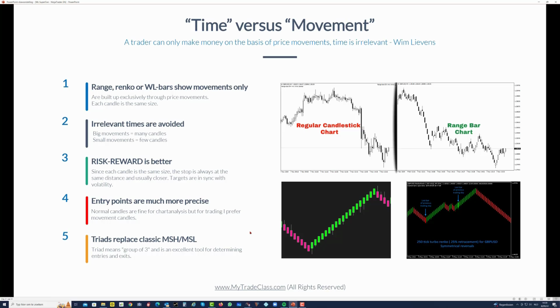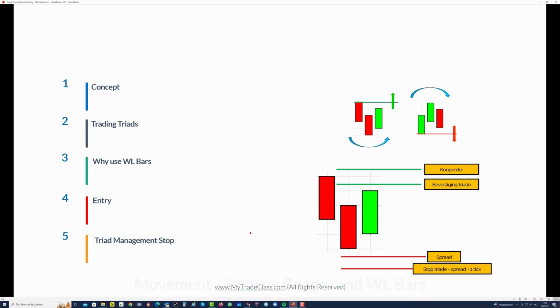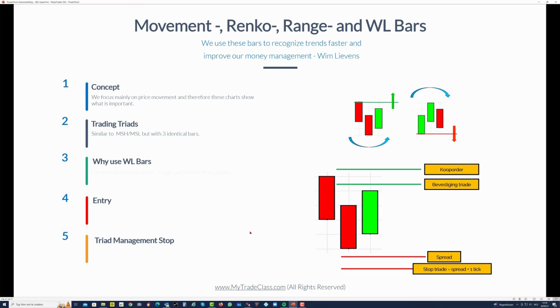Just some images here, to let you know that for the SuperFive, which is what we're discussing now, you can use it on any type of candle. What is important, of course, are these triads, something that most people know, or when you have it on time frames, we call it market structure high and market structure low, or reversal points.